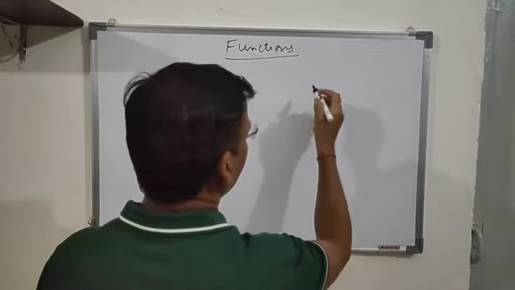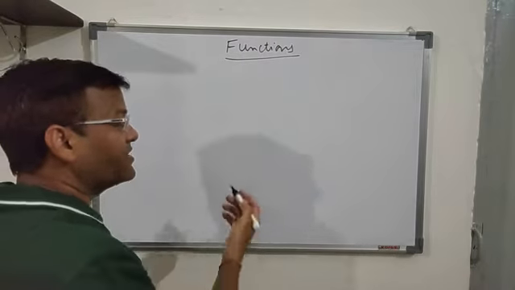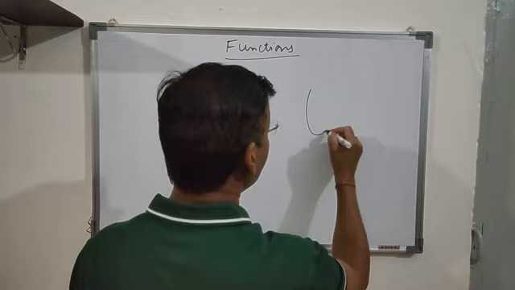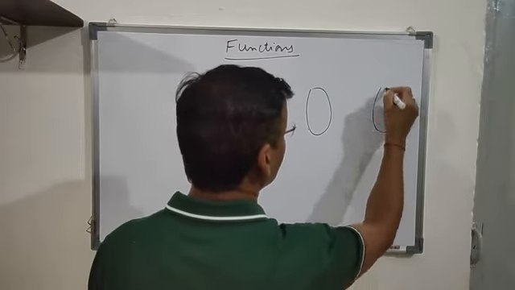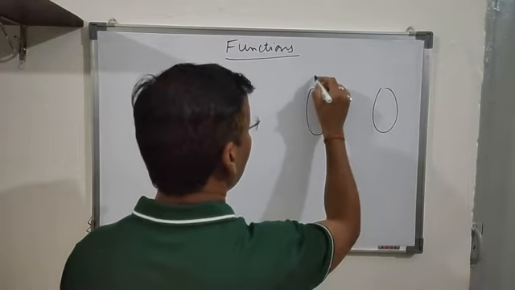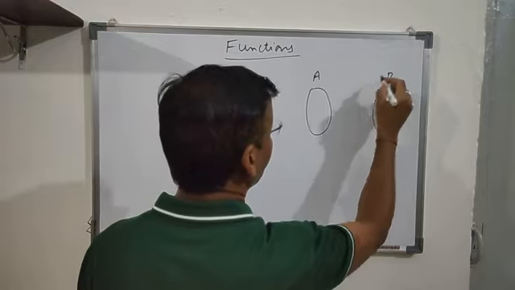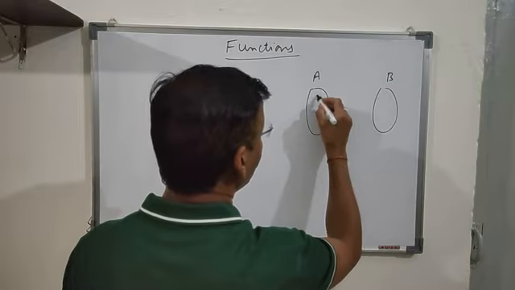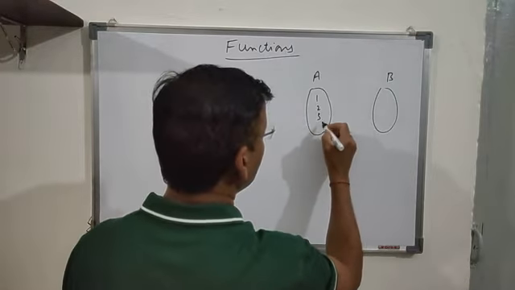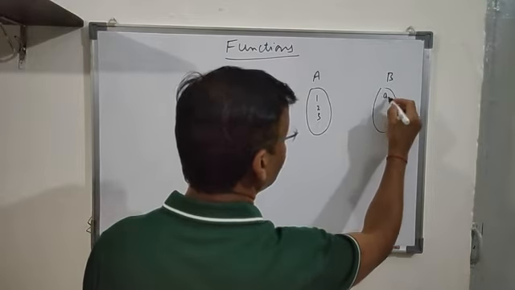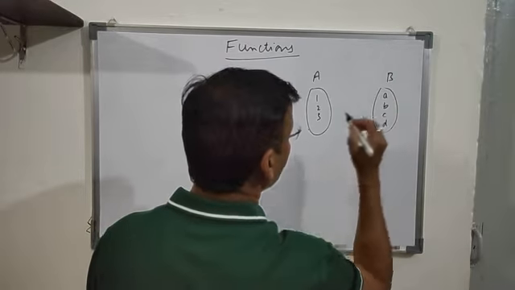That means if I represent a function by an arrow diagram, there is a set A and a set B. Take the elements of the set A as 1, 2, 3, and the set B as a, b, c, d.